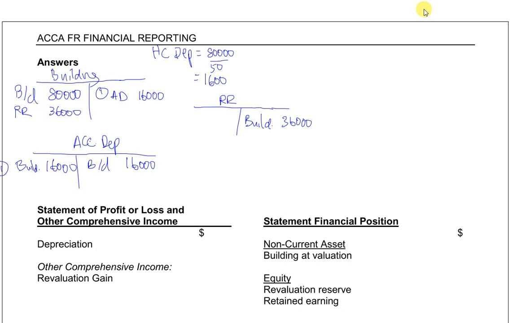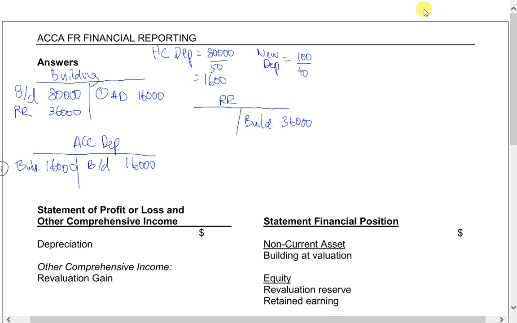What did I do on the last day? Depreciation. So my new depreciation: 100,000 divided by 40 years, because 1 year is 1,600, so 16,000 will be 10 years, which we get from the accumulated.